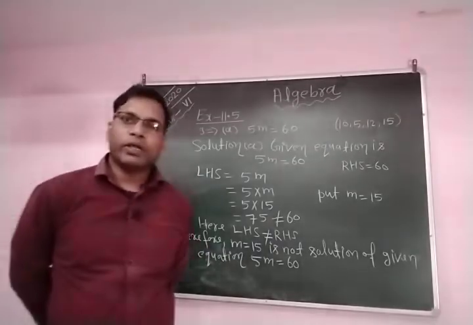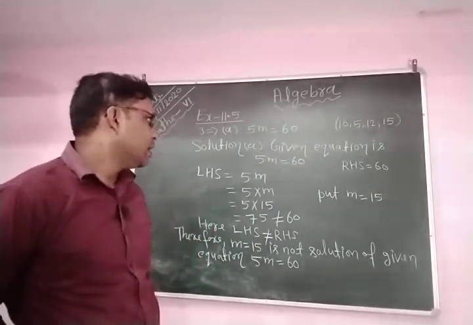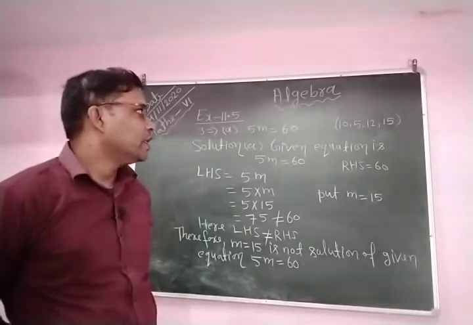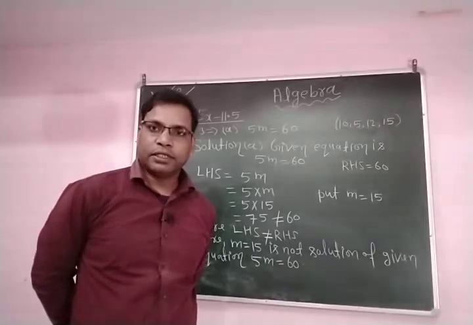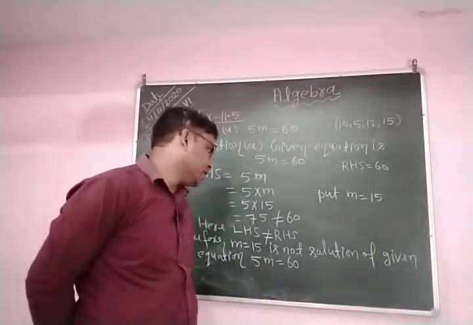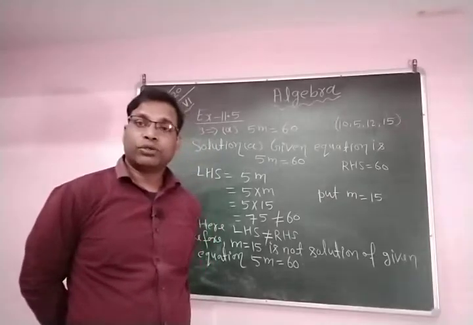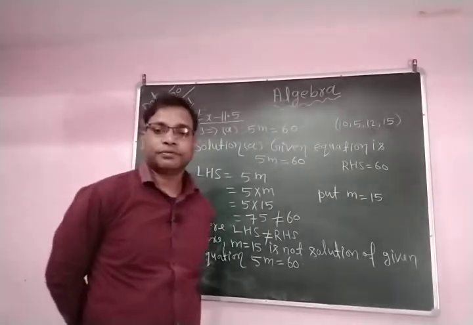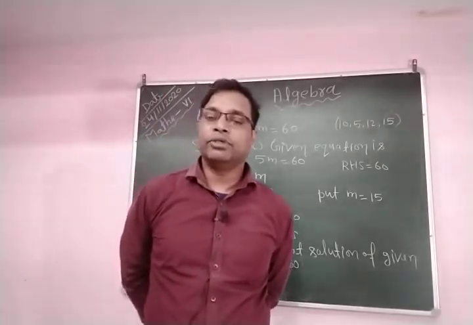At m is equal to 12, left hand side is equal to right hand side. Clear? And m is equal to 10, m is equal to 5, m is equal to 15 are not solutions of the given equation. So at last we can write, hence the solution of the given equation is m is equal to 12.